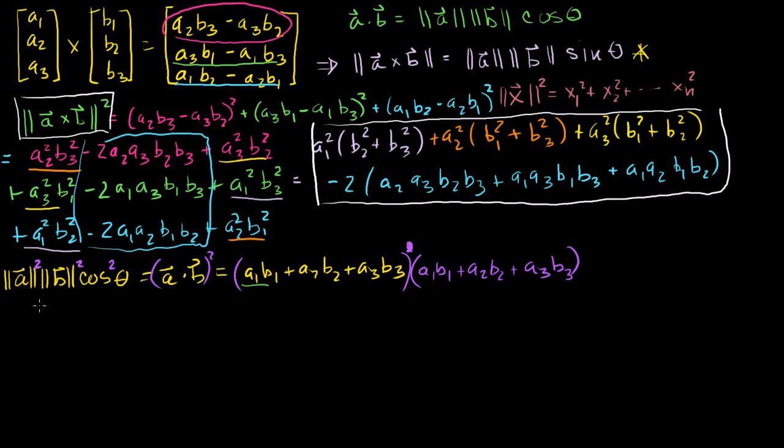You get a1 squared b1 squared plus this guy times this guy, a1 a2 times b1 b2, plus this guy times that guy, a1 a3 times b1 b3.